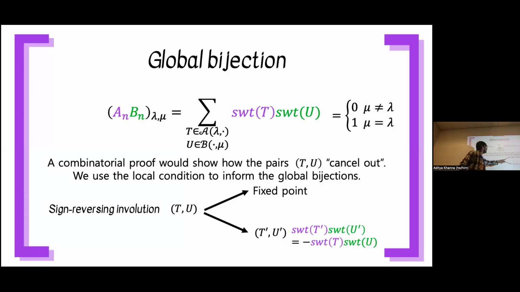So if I sum over these two signs, they will cancel out and give you 0. This is what I really want to show, and this is our main punchline: using our local bijection, let's create a bigger bijection on the objects. This will actually show us that K times K inverse is equal to the identity.